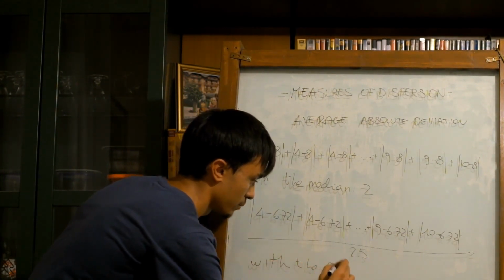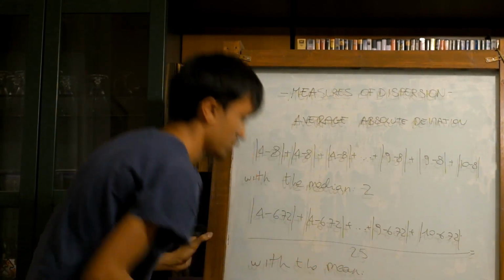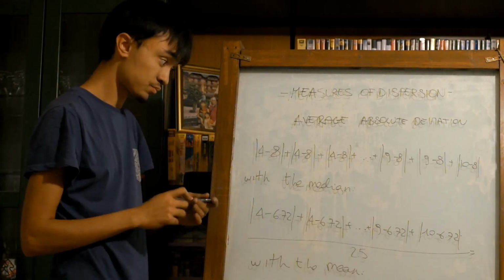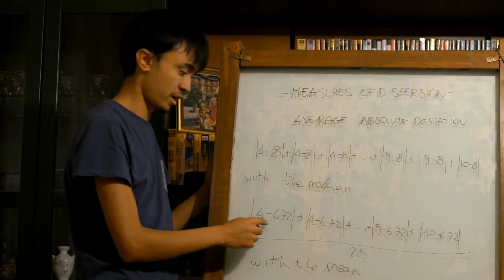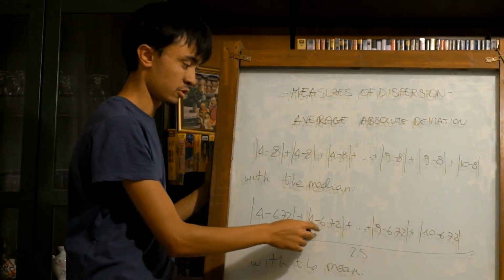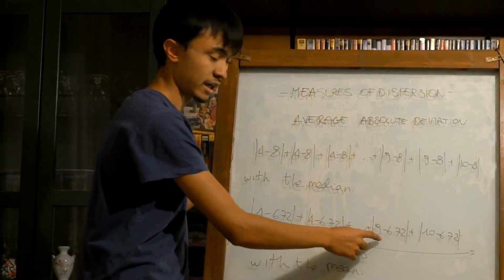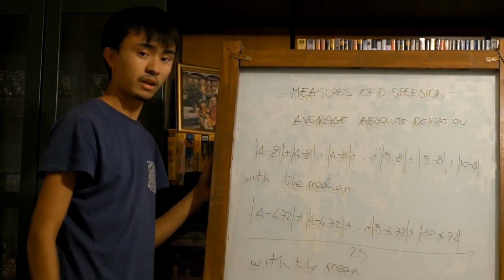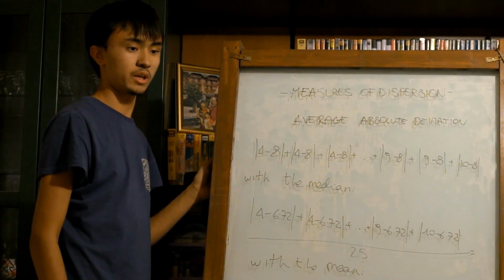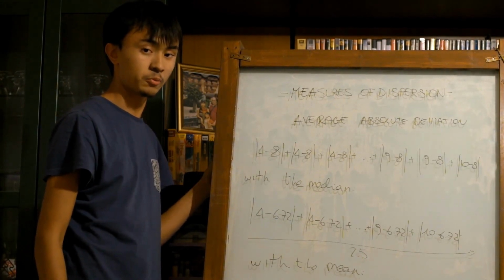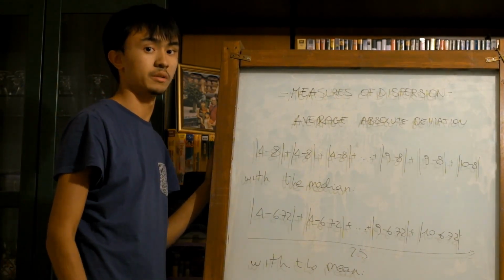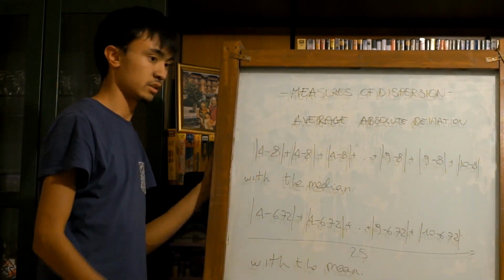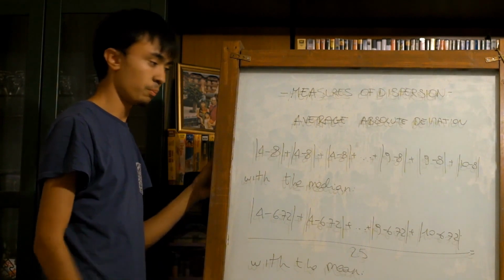Or we can use another central point like the mean: 4 minus 6.72, 4 minus 6.72, etc., 9 minus 6.72, etc. Then we can find the absolute value of every difference to avoid negative values, the absolute value being the one that takes only the positive value of a number.